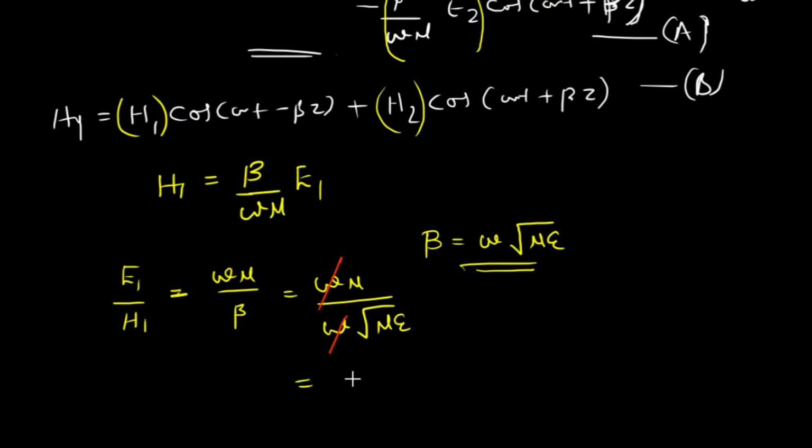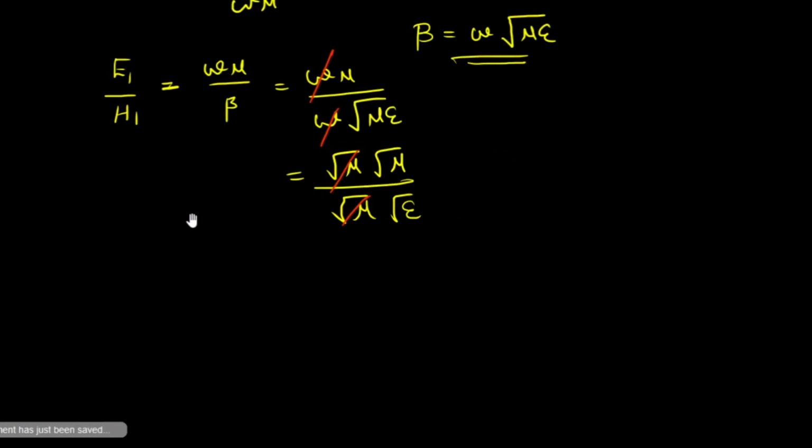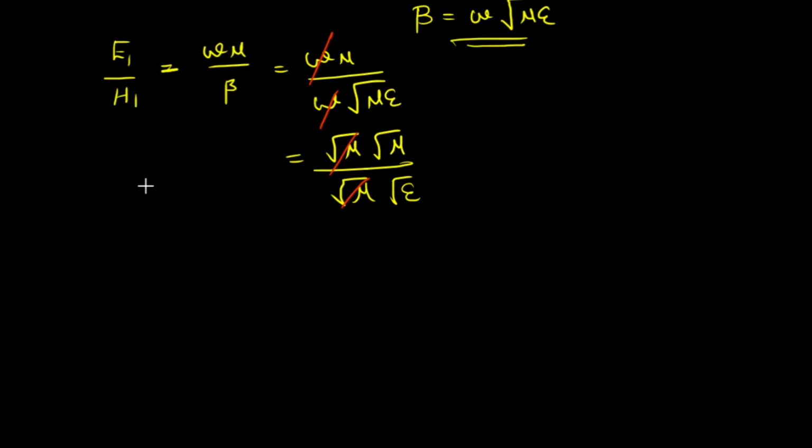Mu can be written as square root of mu into square root of mu, that is mu divided by square root of mu into square root of epsilon. The square root of mu cancels, so I end up with E1 by H1 as square root of mu by epsilon.